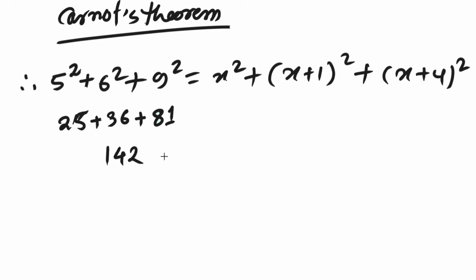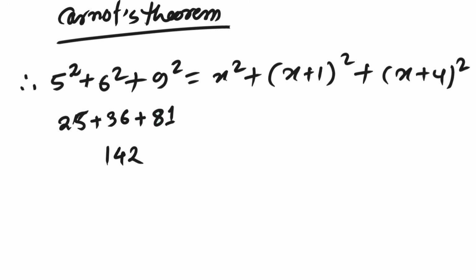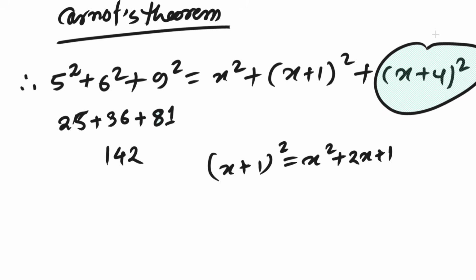On the right-hand side, we have x squared plus the quantity x plus 1 whole squared plus the quantity x plus 4 whole squared. Now we need to expand those 2 squared expressions. Remember the identity, the quantity a plus b whole squared equals a squared plus 2ab plus b squared. So the quantity x plus 1 whole squared becomes x squared plus 2x plus 1.